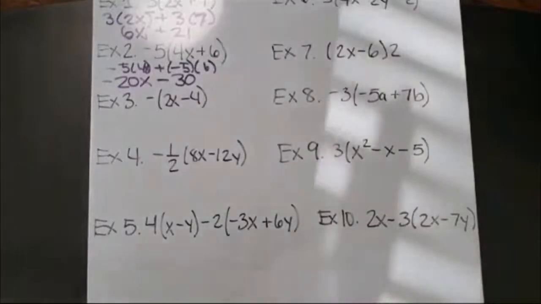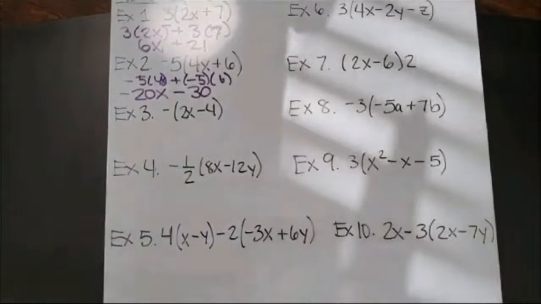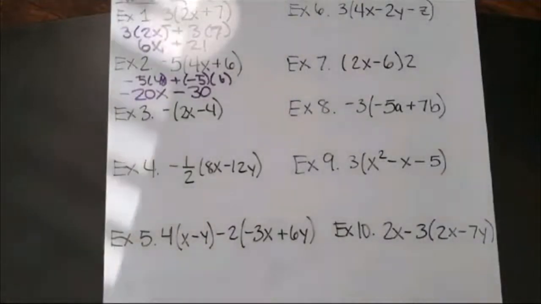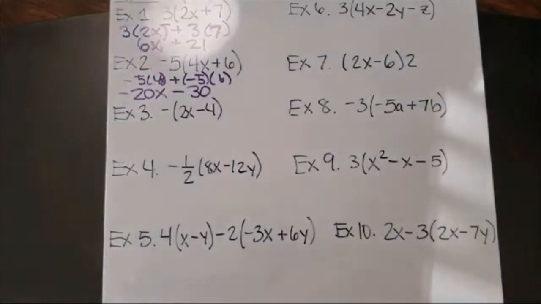For part 3, we have just a negative out front of the parentheses. So the same way -x equals -1x, this negative out in front of this parentheses is the same way. It's basically a -1 out in front, or we can say we're going to distribute the negative through.